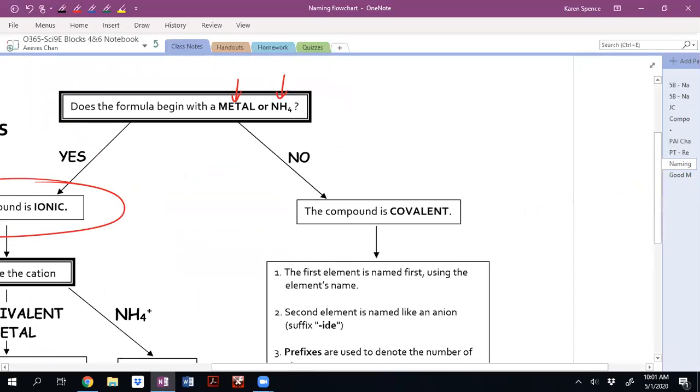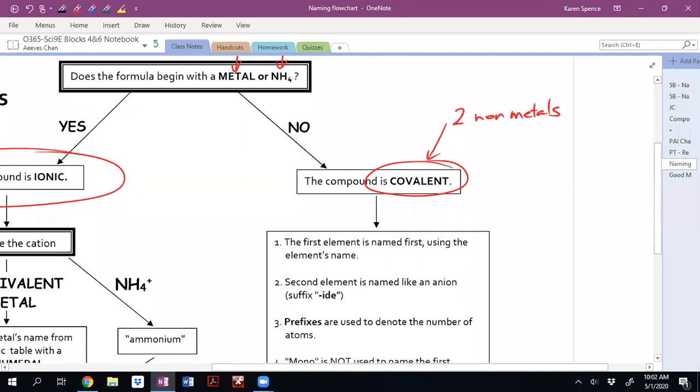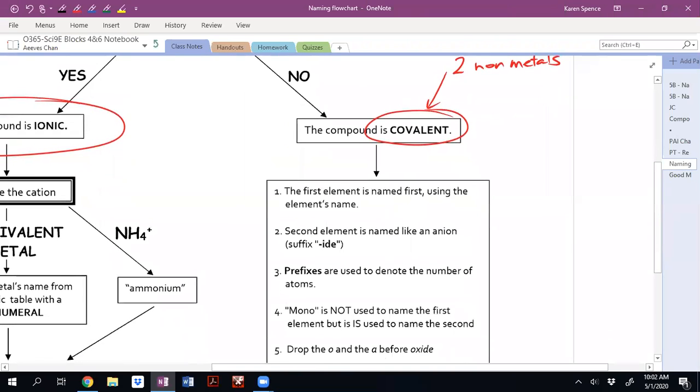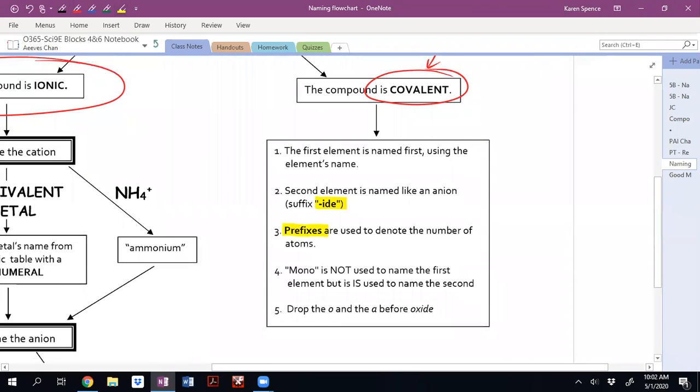If you do not have a metal, if you do not have NH4, that means that your compound is covalent. You will have only 2 non-metals, and you're just going to use the rules that we have learned already. You name the first element, you name the second element, making sure you change that ending to "ide." You use the prefixes mono, di, tri, etc. Remember that mono is not used on the first word, but it is used on the second word.